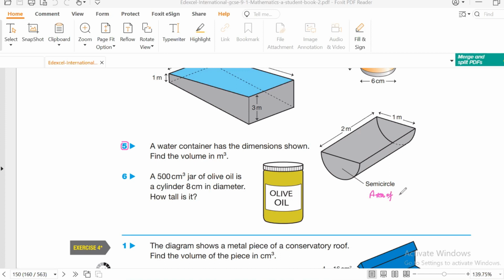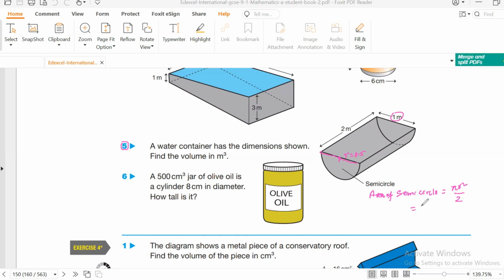Area of semicircle, half of a circle, that means pi r square over 2. Remember that this full length is the diameter, this one. So half is the radius, which means the radius is half of 1, so r equals 0.5.